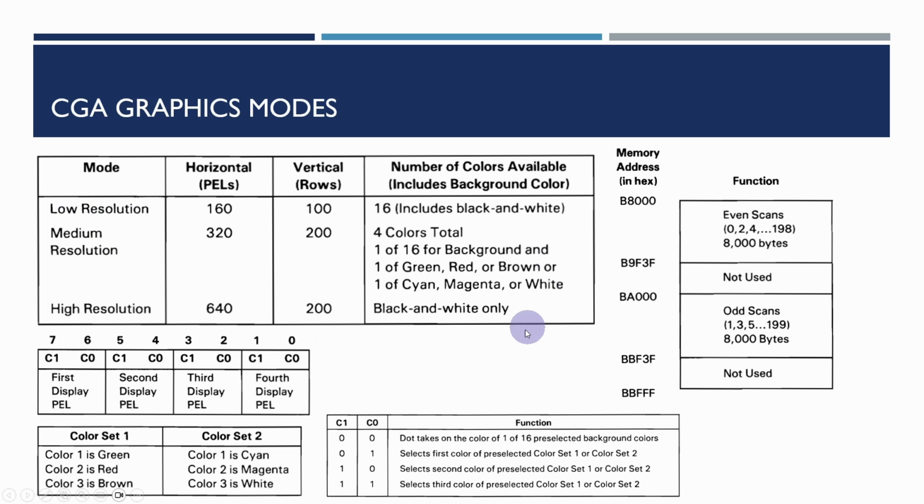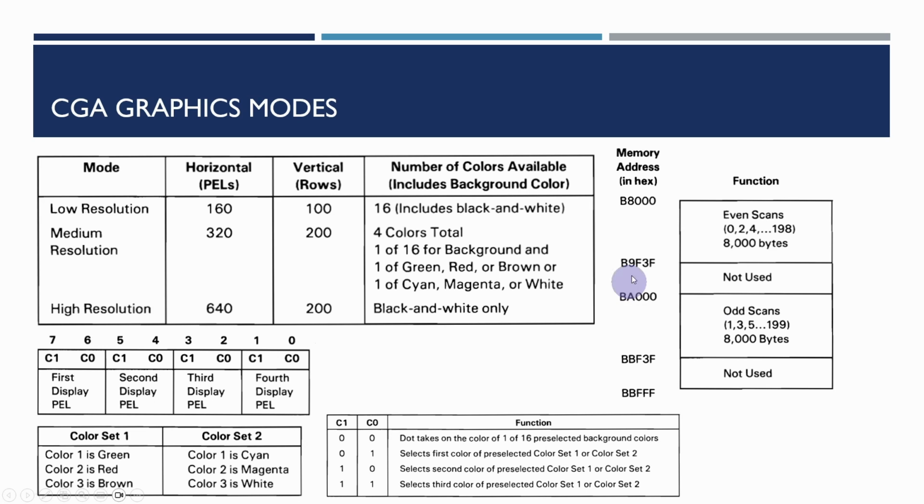This is a summary of the graphics mode information, the low, medium and high, showing how the bits in the individual bytes are represented in the various graphics modes. Obviously in the high-res graphics mode, each bit is just 1 pixel. You can also see over here that when we're in the higher memory modes needing 16K, the even scans work in this range and the odd scans work in this range.